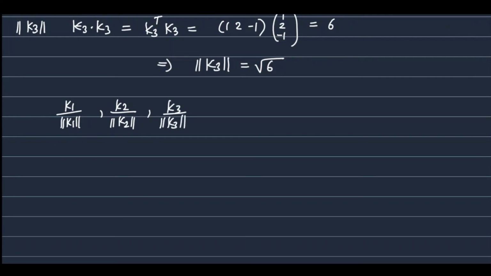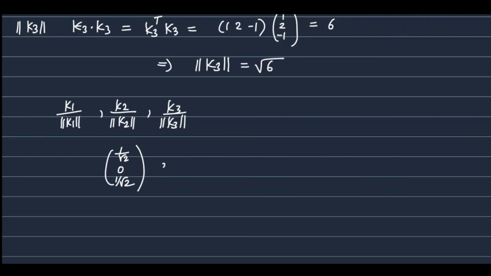This we have to do. So we will get the first vector from k1, which is 1, 0, 1. When we divide by norm k1, which is root 2, we will get 1 by root 2, 0, 1 by root 2.